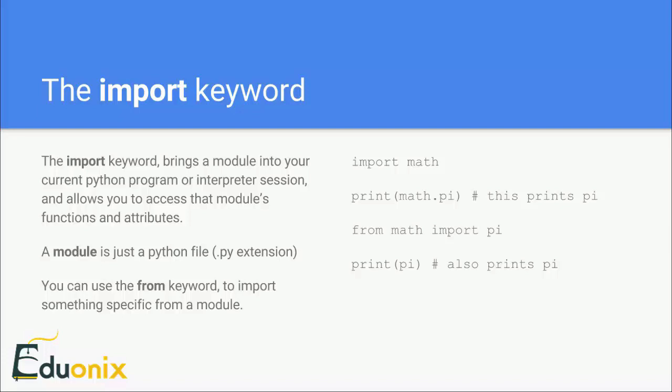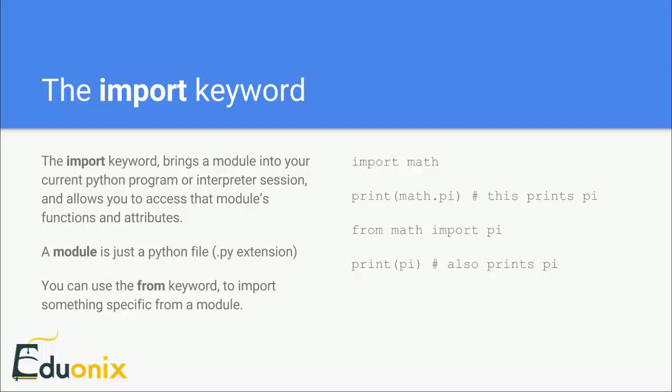It allows you to bring that particular module in, and you can access that module's functions and attributes in the way that we saw. And a module, just to reiterate, is just a Python file. So when we head back to Python, we'll take a look at how we can save code in a file and then import it ourselves and access it in the same way that we were for the built-in modules.